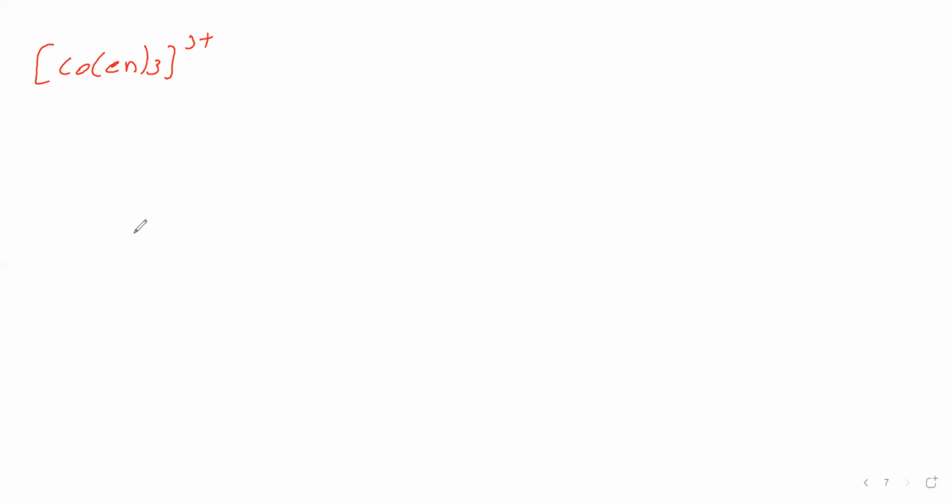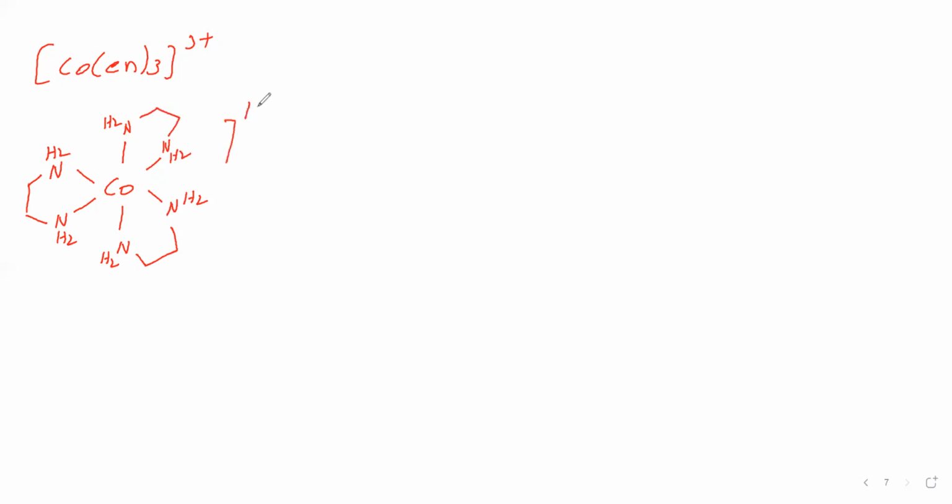So here we will take the central metal. Central metal is cobalt. 6 coordinate bonds, therefore 6 bonds I will write. Ethylene diamine I will write, this is NH2, here NH2, like this, ethylene diamine, net charge 3 plus.